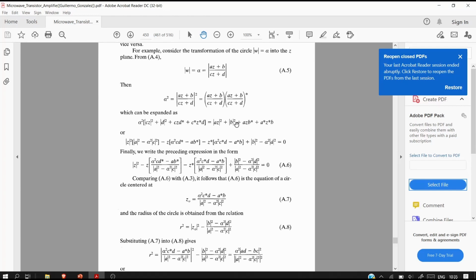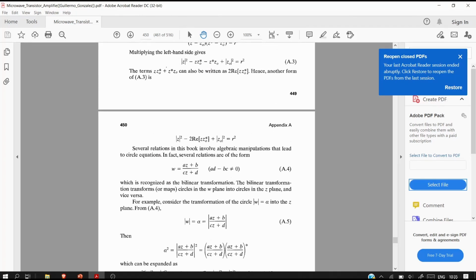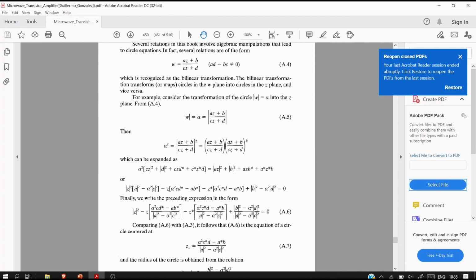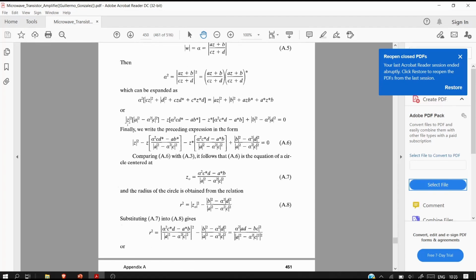Then they bring this side to the left hand side, and we get up to here. If you see your A3 again, we have Z square individually, then the first term, second term and third term, and then R. So we need Z square individually. To bring Z mod square individually, they divide the full equation by this term, and we get up to here.